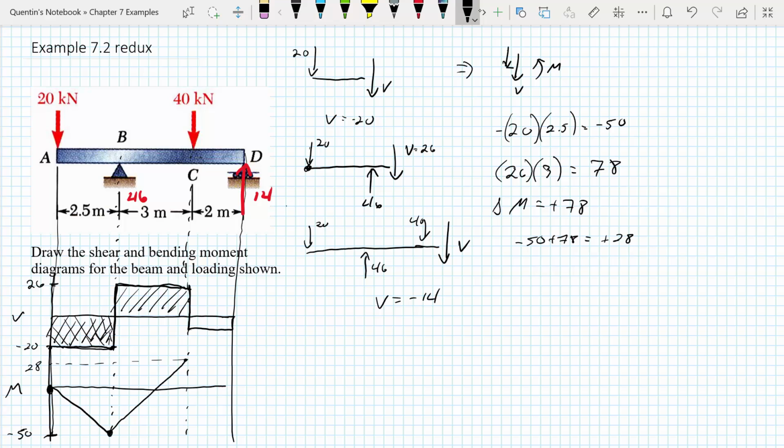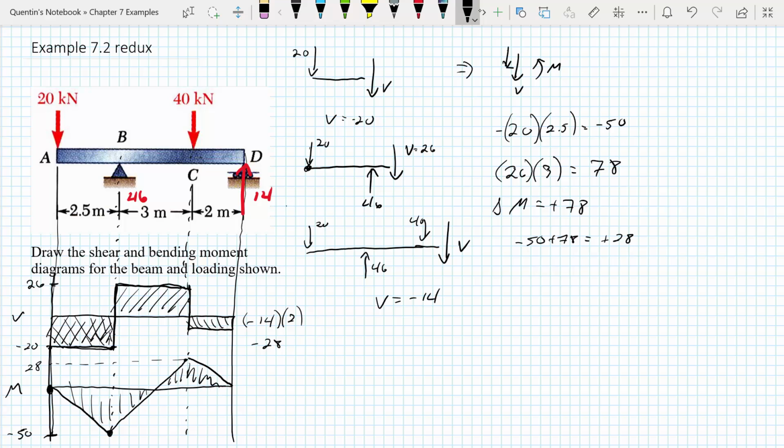So it changes by 28. And what is this curve right here? Well, this is minus 14 times 2, which is equal to minus 28. So the change is minus 28. And since I'm starting at 28, it goes back down to 0. So that ends up being that.